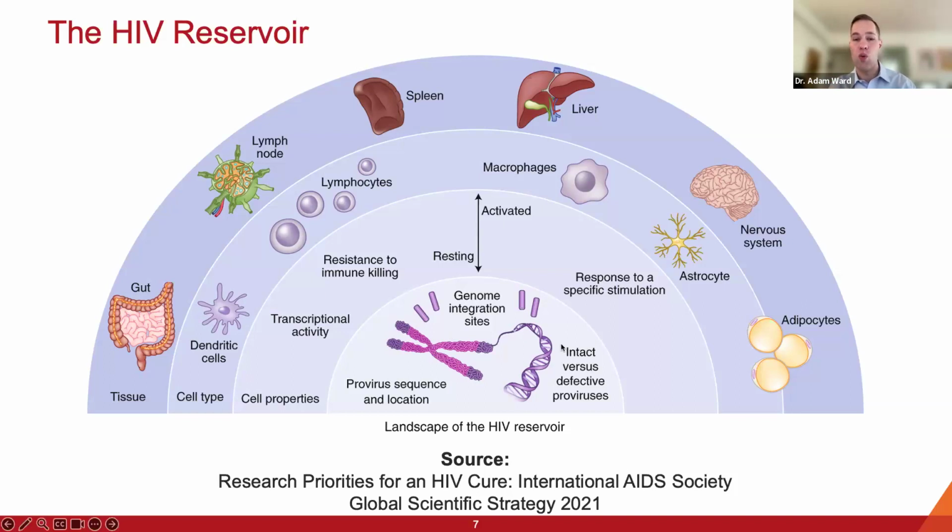And then, as I mentioned, whether the HIV provirus is genetically intact or whether it is genetically defective. So there are defects that mean that this HIV provirus cannot produce new viruses. And this is important because in most people living with HIV, only about 2 to 5% of HIV proviruses are genetically intact, and the remainder, 95 to 98%, are genetically defective.